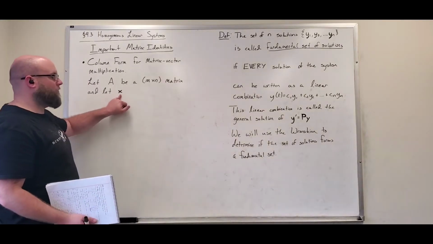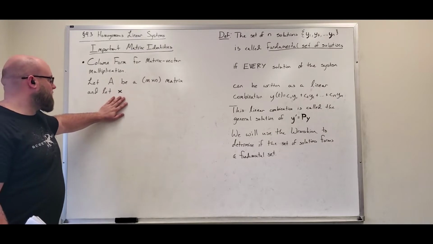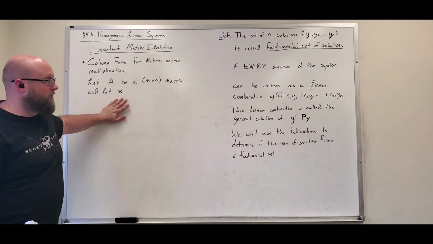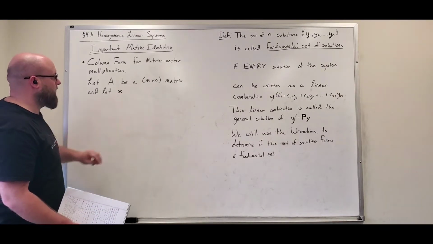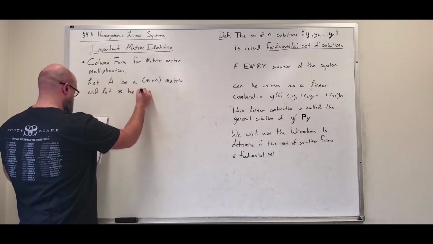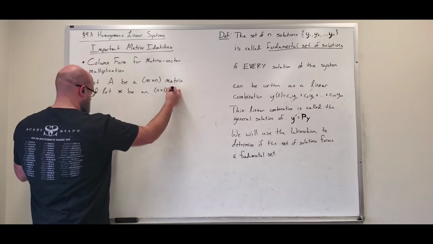Whenever you see a bolded X, or one that's using the stick lines instead of the curl, that represents a vector function, and I'm going to try as best as possible to keep that notation going. So this is going to be an n by 1 vector.